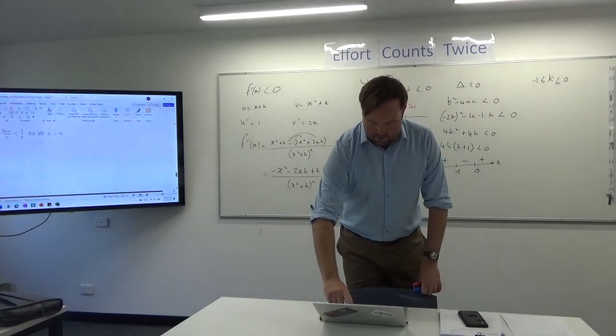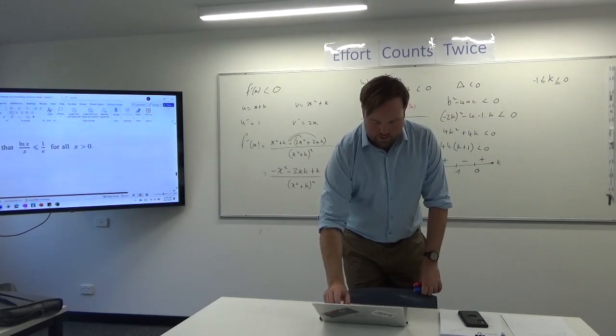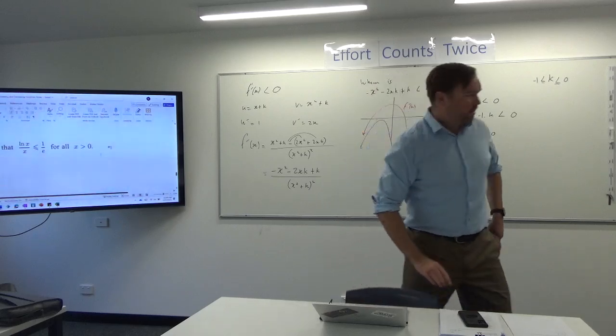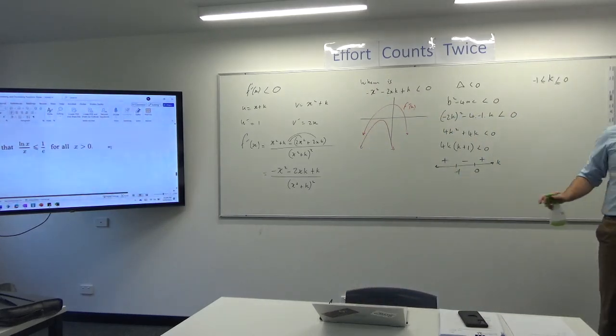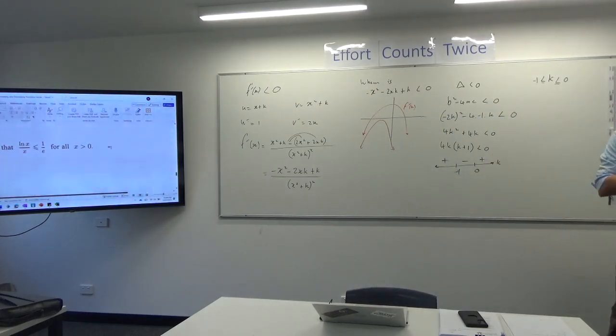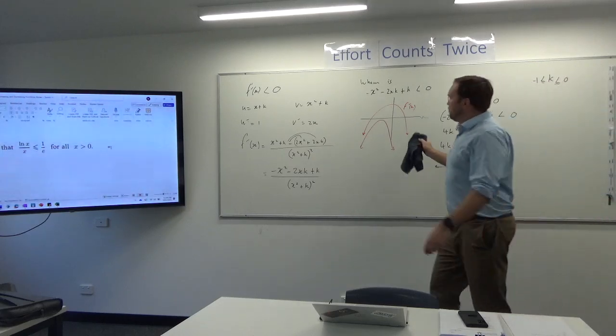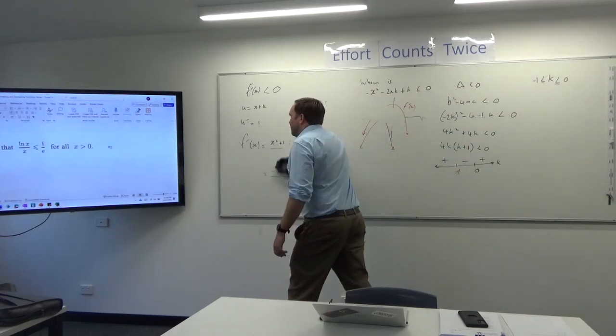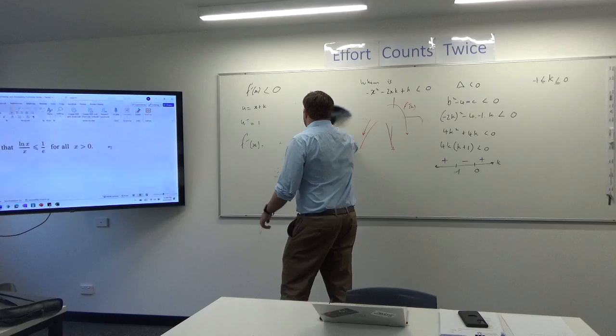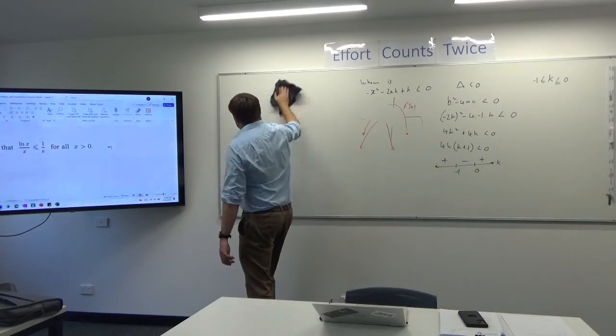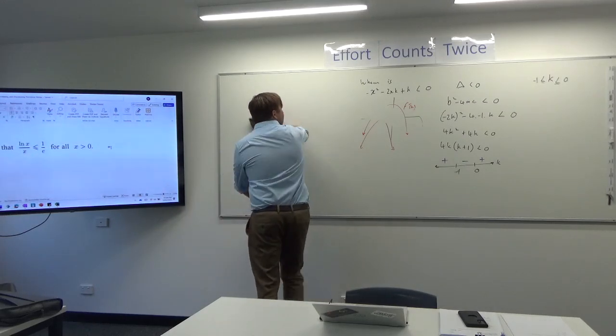While I have your attention, I thought I'd do one from the next section as well. From memory, last year lots of people got stuck on it, so I thought we would have a run at it here. Prove ln x on x is less than or equal to 1 on e for all x greater than 0.